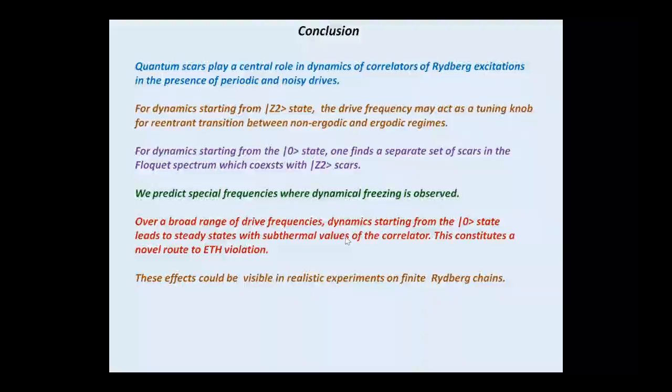But normally I wouldn't expect that, because one of the things that really helps in the formation of a scar is having a constraint in your Hamiltonian. So the Hilbert space has to be a constrained Hilbert space. Here, of course, not having dipoles on two neighboring sites plays as the constraint. But in the SSH Hamiltonian, I don't think there are these constraint kind of things. So I wouldn't expect this, but I don't know, because the precise conditions for realization of scars are not known to the best of my knowledge.